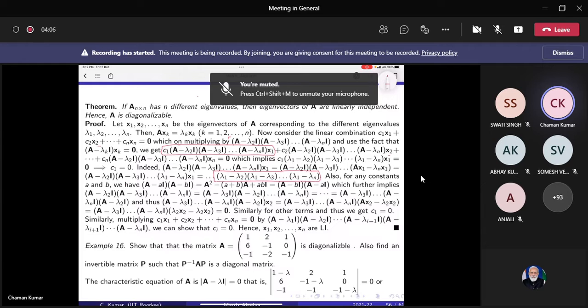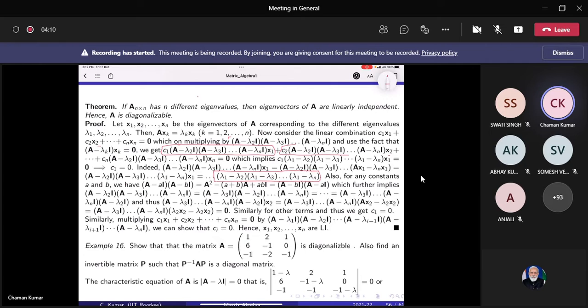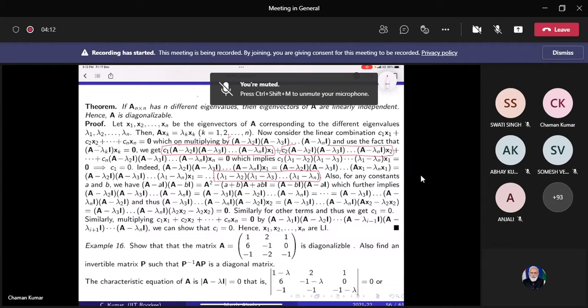In the second term, we see that we have the vector x2, and we also have A minus lambda 2I.